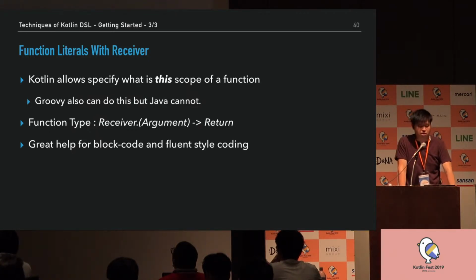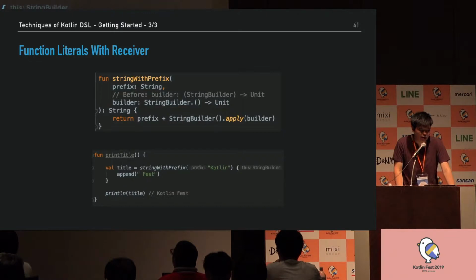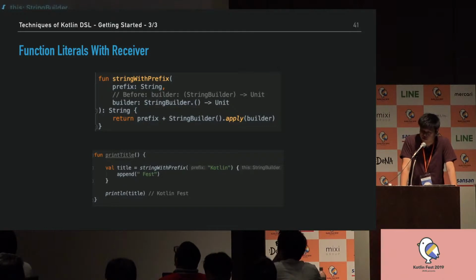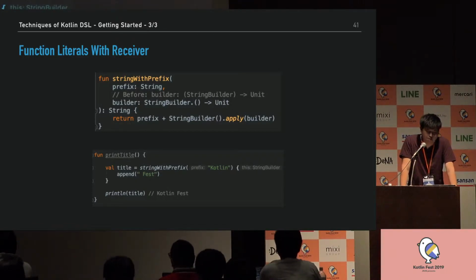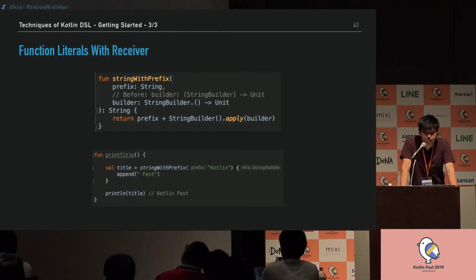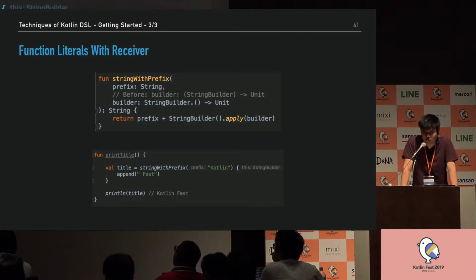Function literals with receiver is a great help for block code like builders and Groovy style coding. If I modify the type of the second parameter like the figure above, then Kotlin code can omit the implicit argument and can call the append function from the lambda directly, because this of the lambda is string builder now.